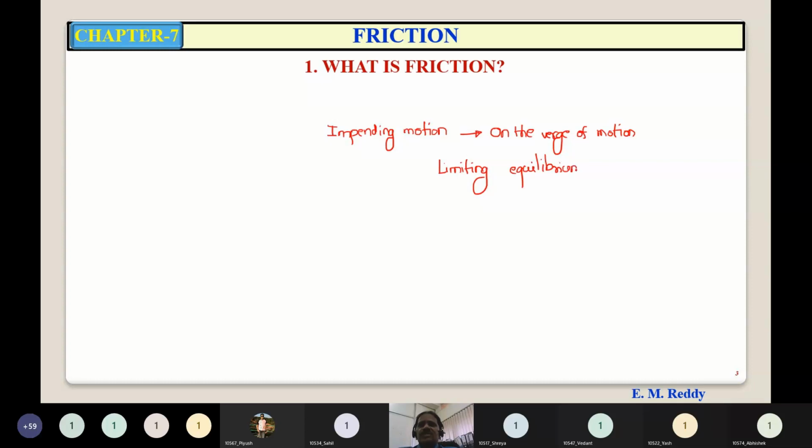Equilibrium means the body is not moving, it is at rest. And if the body moves, it is not in equilibrium. But in limiting equilibrium, the body is at rest, not moving, but about to move, on the verge of motion. That condition is known as limiting equilibrium. Is it clear?